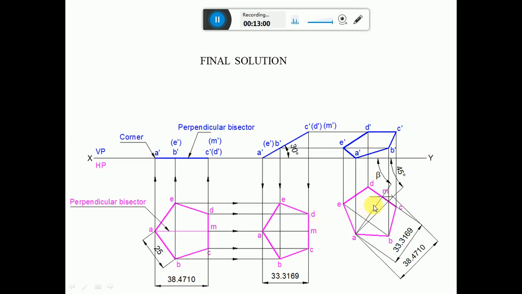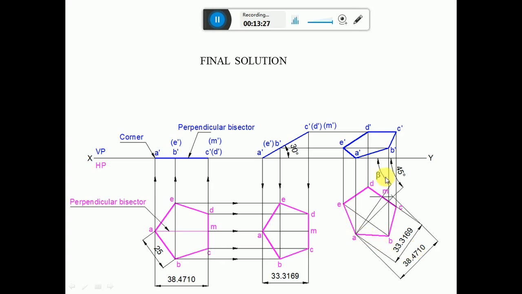By using the compass with M as center, cut an arc on this side and also cut an arc on this side with the same center. So mark the points as A, B, C, D and E. Then join A to B, B to C, C to D, D to E and E to A with a dark line. All these dimensions whatever I have shown are only for reference. You are not supposed to show all these dimensions up to the fourth decimal point. It's not required.